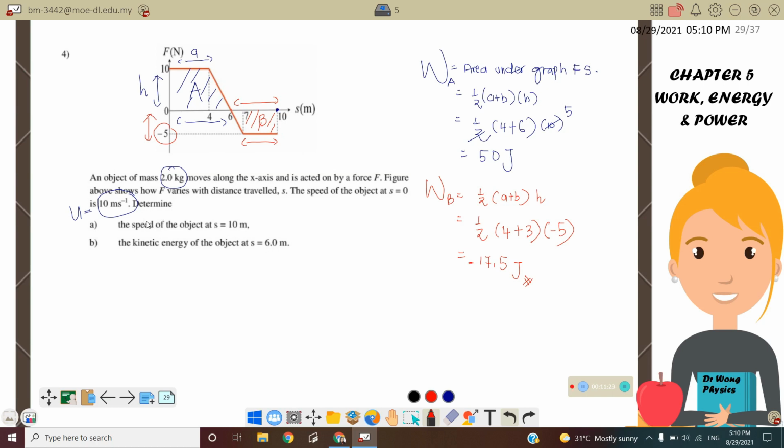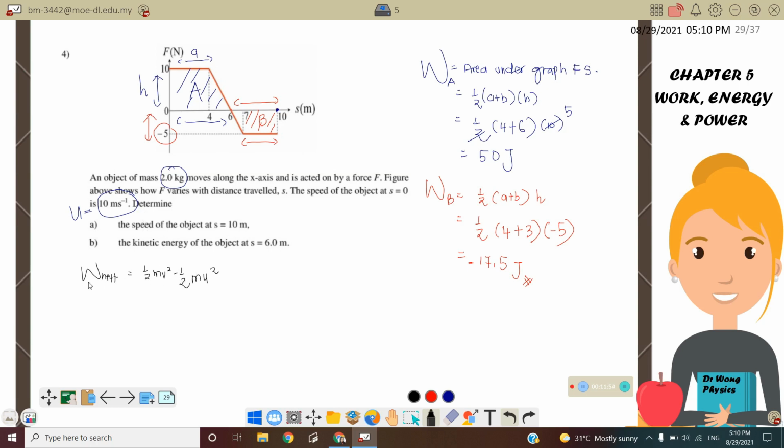Now we want to find the speed of the object at s equals 10 meters. Why do we want to find the work done? Because we can use the work energy theorem. The net work, or total work, equals half m v square minus half m u square. But now your initial velocity no longer equals 0 because it's given as 10 meters per second, so we cannot substitute 0.